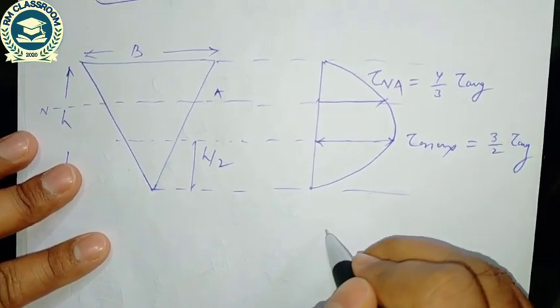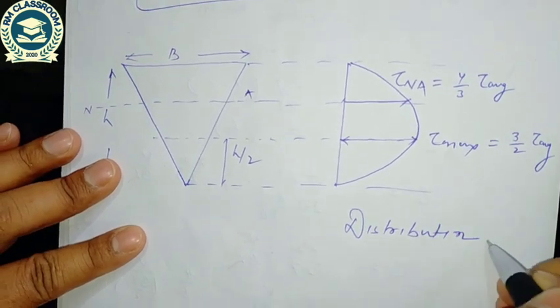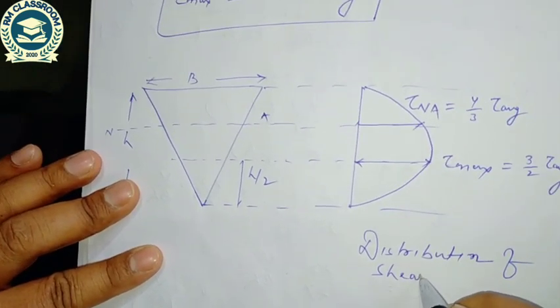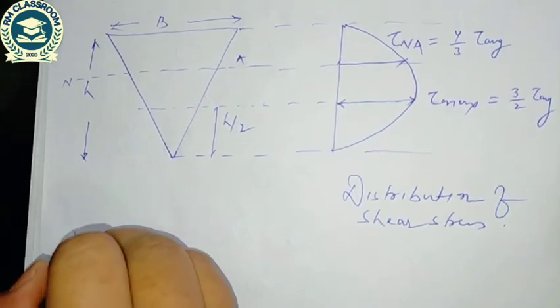So this is the distribution of shear stress. So key points.